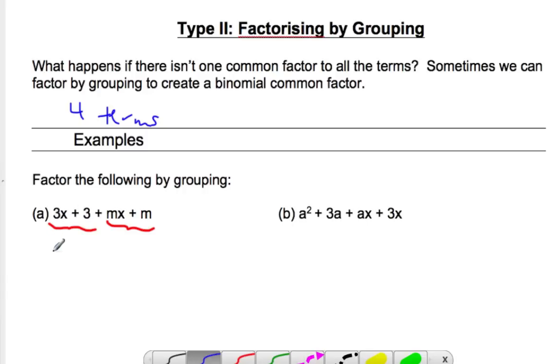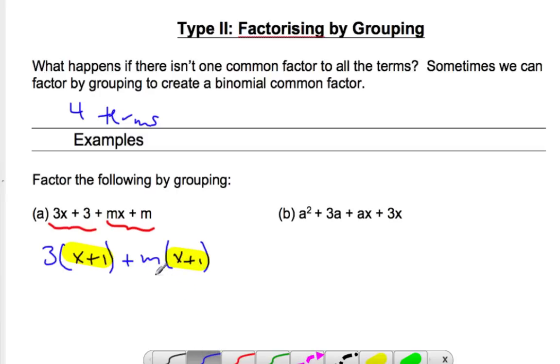If I look at these two, I pull out a factor of 3, and I'm left with x plus 1. If I look at these two terms, I can pull out a factor of m, and I'm left with x plus 1. Now I think, are there any common factors now? Well, this and that are two common factors.